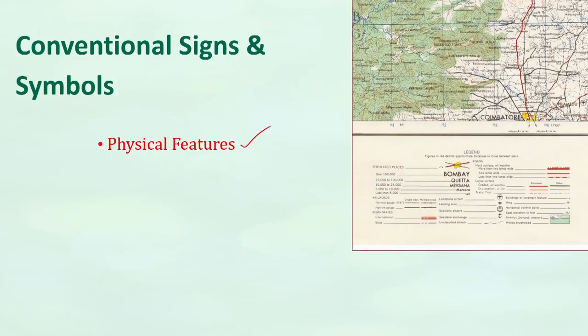Okay. How to measure the bearings using the cardinal points knowledge, we will be discussing that in the next class. Now, conventional signs and symbols related to physical features, you know, right.